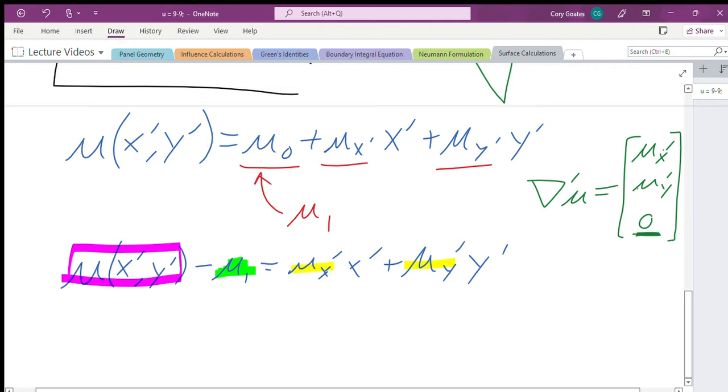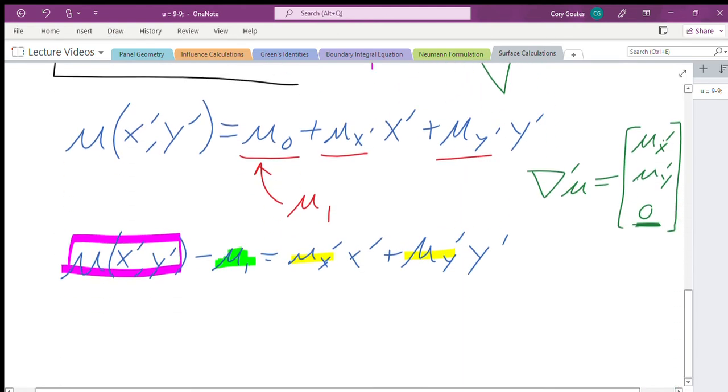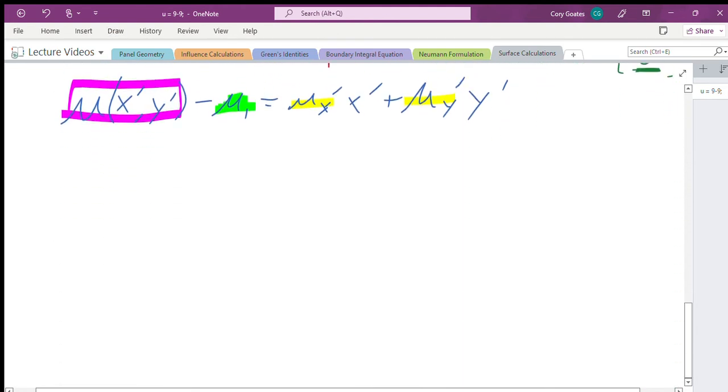So I know what mu is at the centroid of panel 2, panel 5, and panel 6. So I can write this equation down a few different times for these centroid locations. I'll write all of them out.